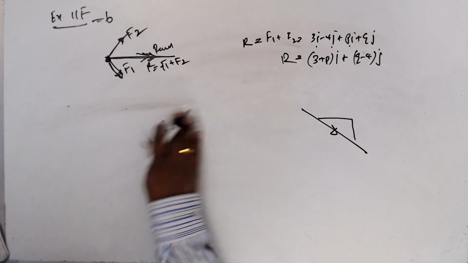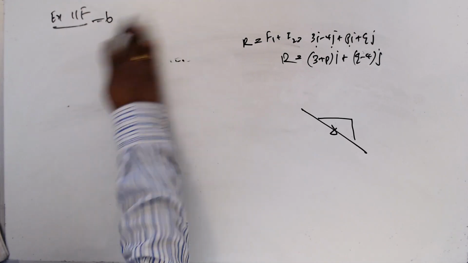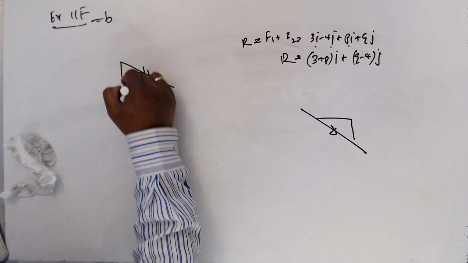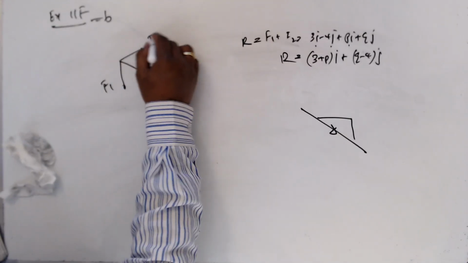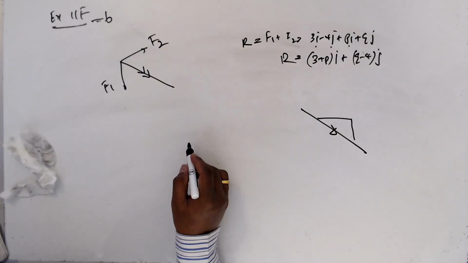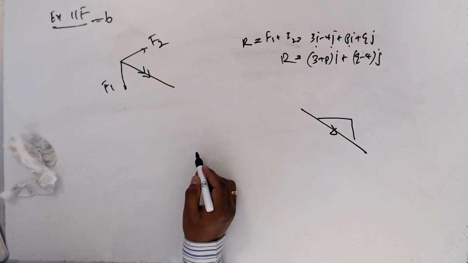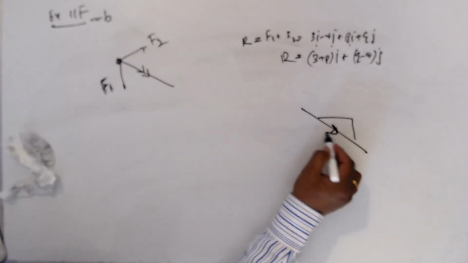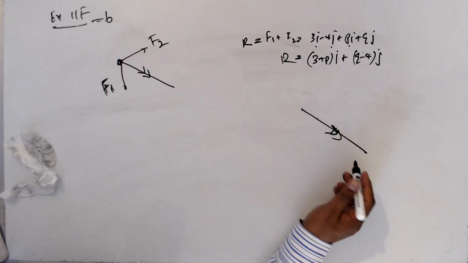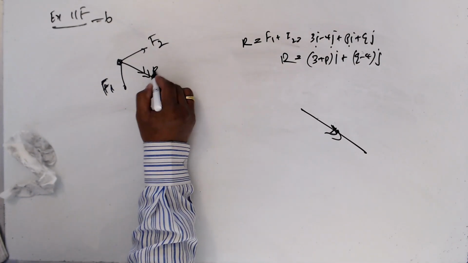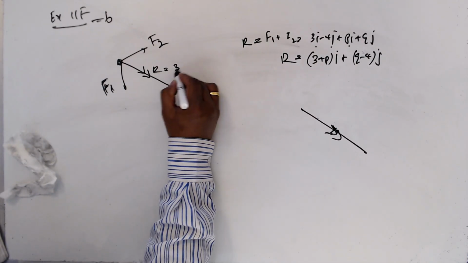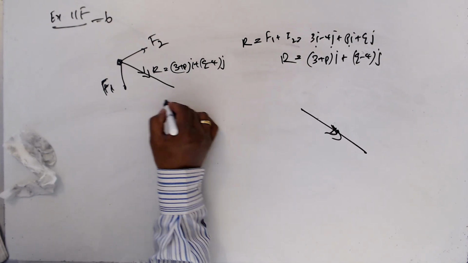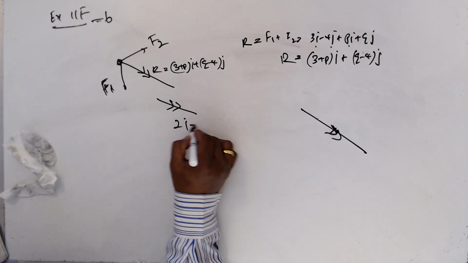So I have to change this one bit. So this is F1 and this is F2. It's going in this direction. It is parallel to this R, which is 3 plus p i plus q minus 4 j, and is parallel to 2i minus j.